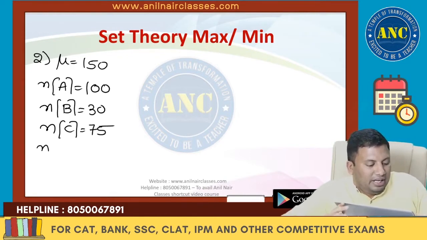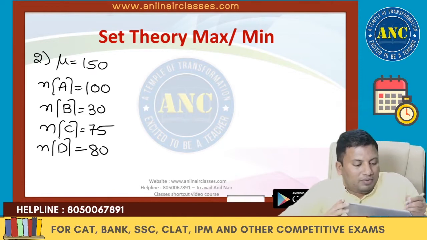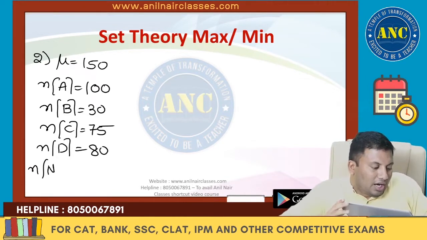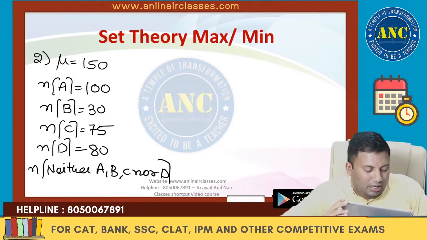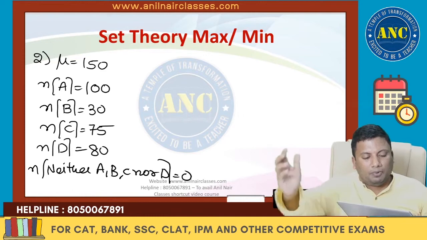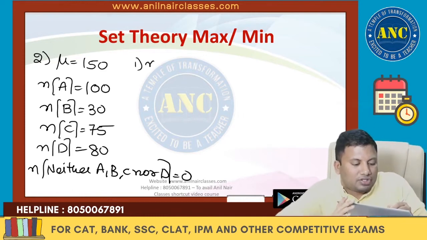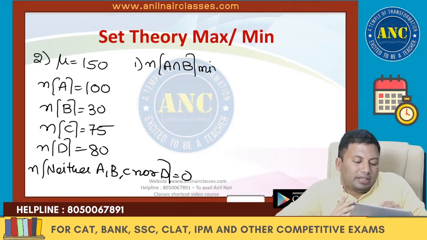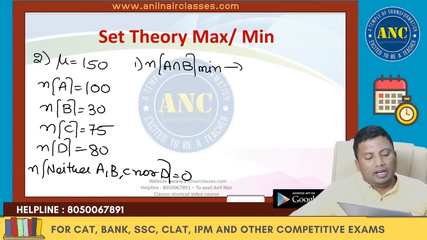N of D is nothing but 80. One by one we will solve. N of neither A, B, C nor D should be 0 according to type 1. First one, N of A intersection B minimum. Intersection minimum, union is maximum.